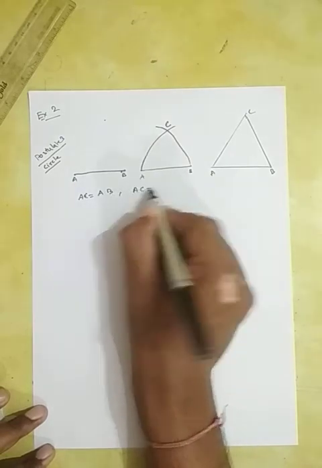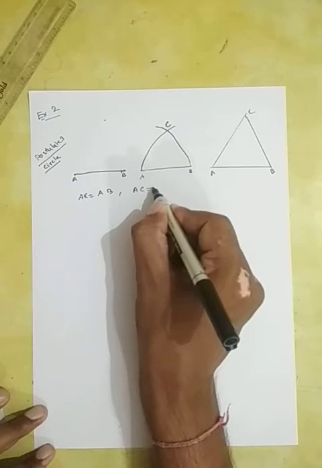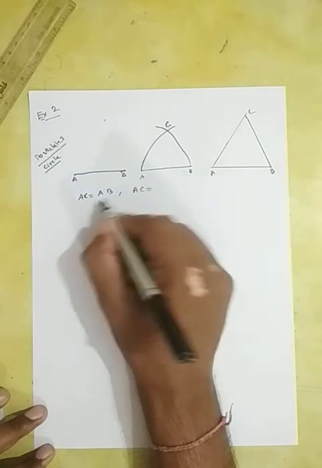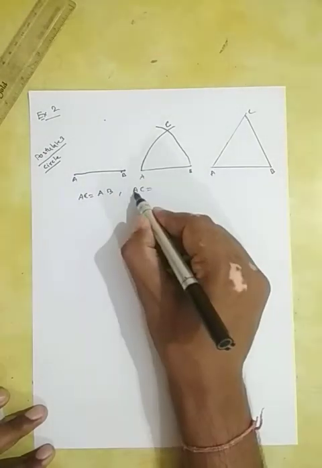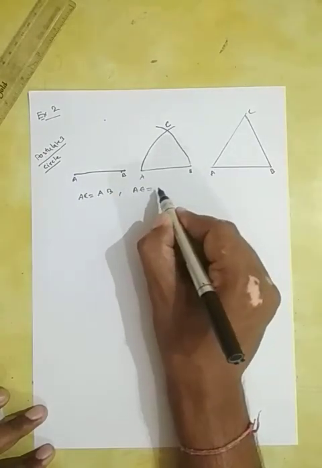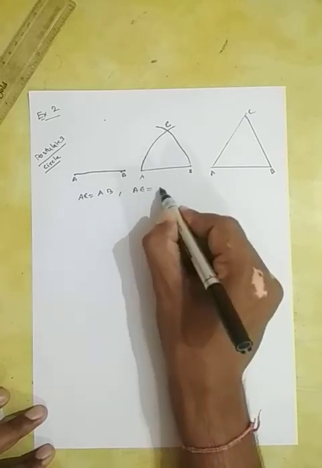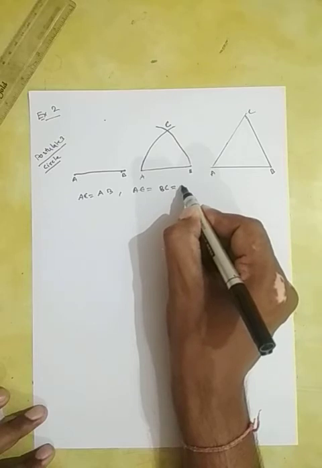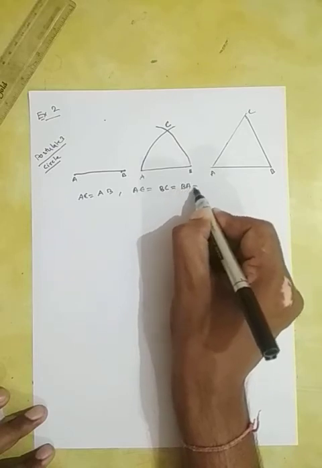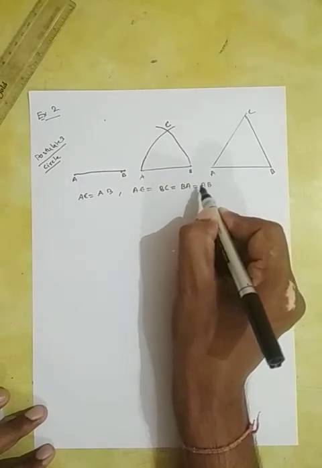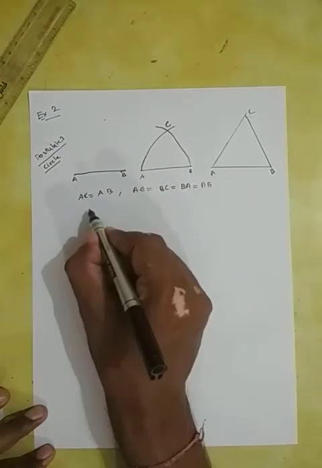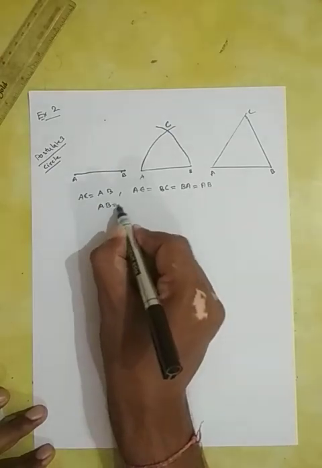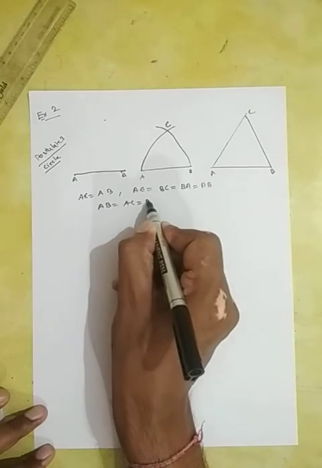AC is equal to AB, and BC is equal to BA or AB. So we are telling that AB is equal to AC is equal to BC.